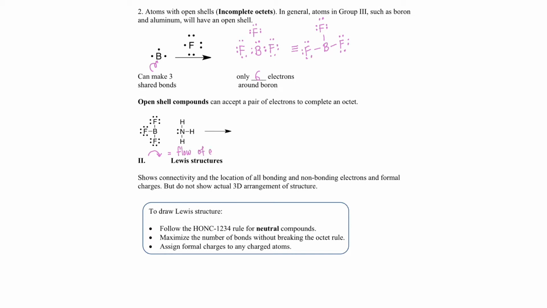So the electron pair from nitrogen will flow towards the boron, and that will form a covalent bond. So let's draw the product here. All right, so that shows the covalent bond. So this is the covalent bond between boron and nitrogen.